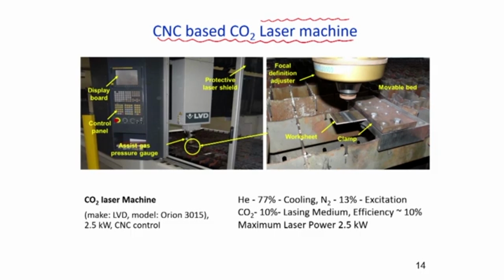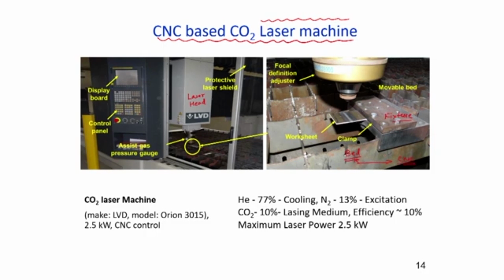On the laser head we are having a focal definition adjuster, and as we have seen, we need to have a control unit, and that control unit we should operate by using a device that is called the control panel. To control the operations we have to communicate with the CNC machine tool, and that would be done by using a keypad and a display device.